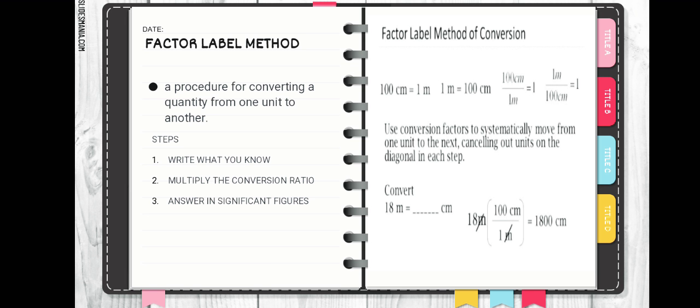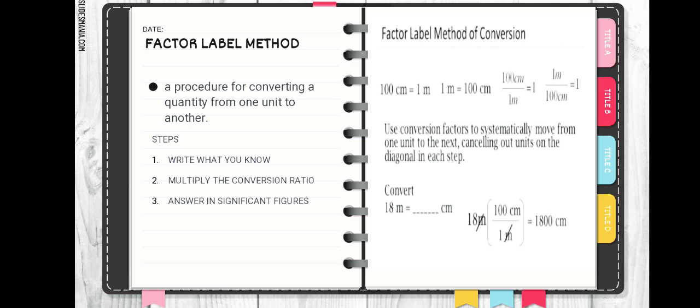The other term for this is conversion factor, which is a valid relation between units of the same or equivalent quantities expressed as a fraction. Since the two terms are in essence the same quantity in different units, that fraction is equal to 1, and multiplying the original quantity by 1 will not change it.